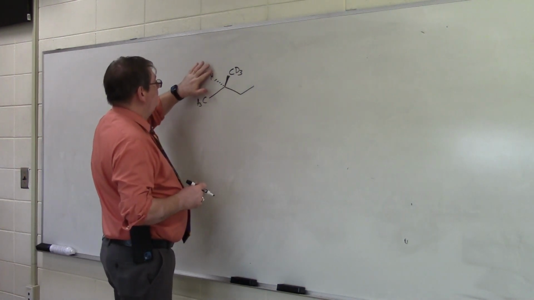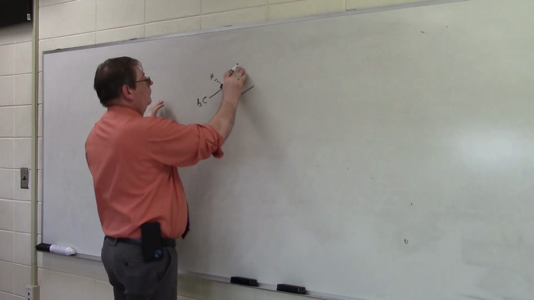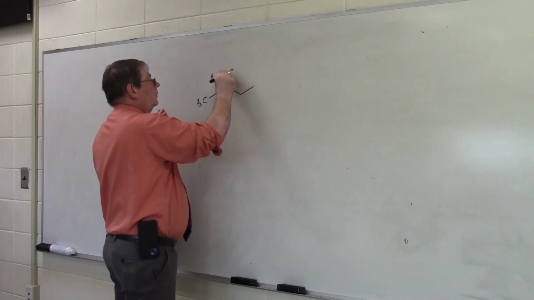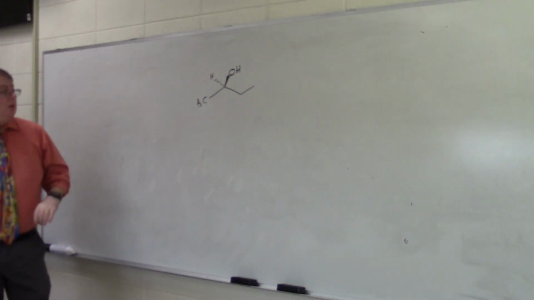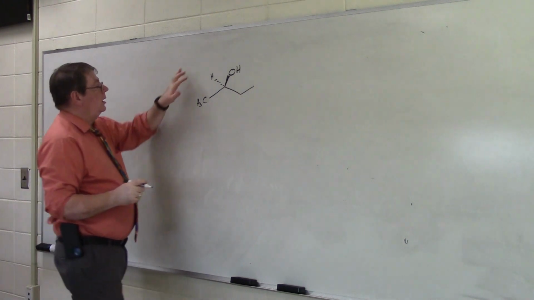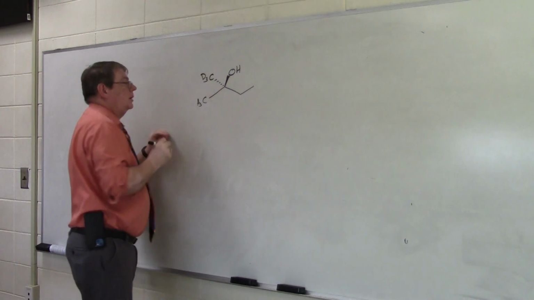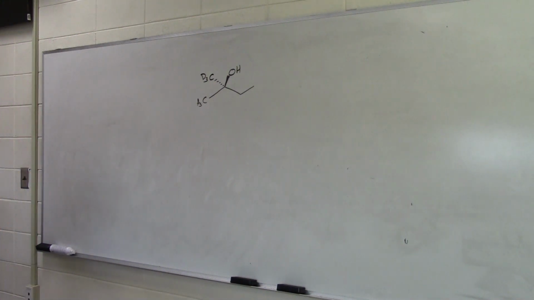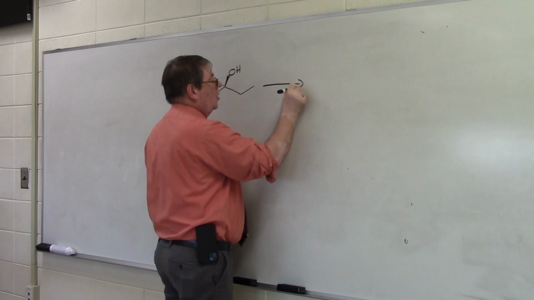No, not hydrogen, excuse me. OH, we're doing SN1, so I need to change that to CD3. So let's say we've got that, and let's say that we react that with HBr.